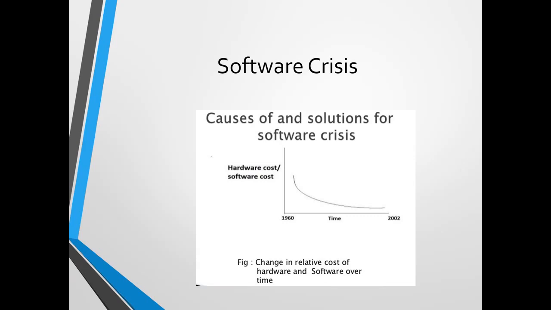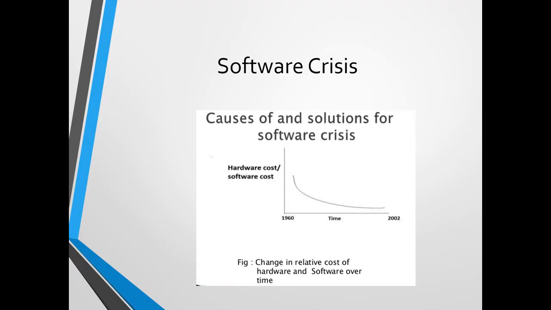Organizations are spending larger and larger portions of their budget on software as compared to hardware. Not only are software products turning out to be more expensive than hardware, but they also present a host of other problems to the customers. Software products are very difficult to alter, debug and enhance.